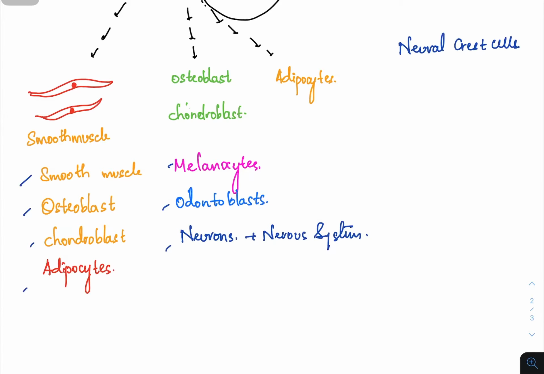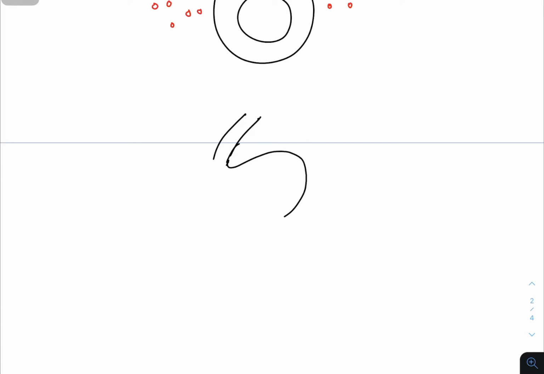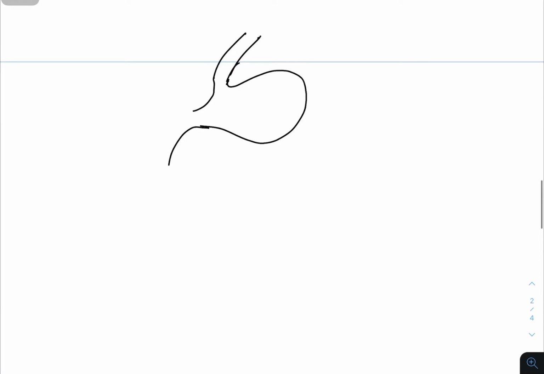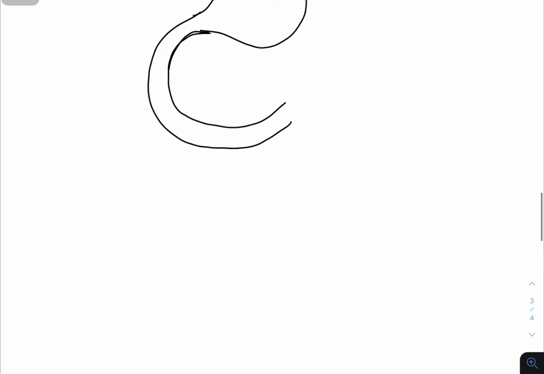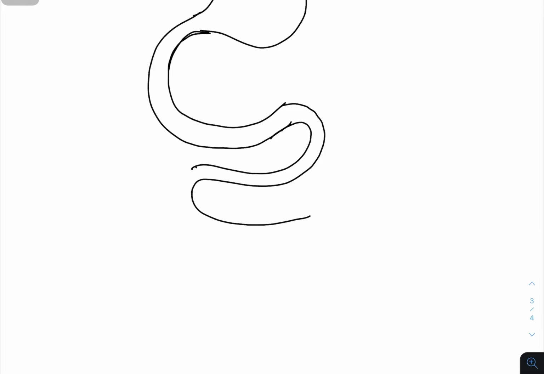For example, let's say that this is your esophagus, this is your stomach, this is your duodenum, which has 4 parts, and here you have your jejunum, ileum. I'm drawing the ileum short because I don't want to make the diagram look big.